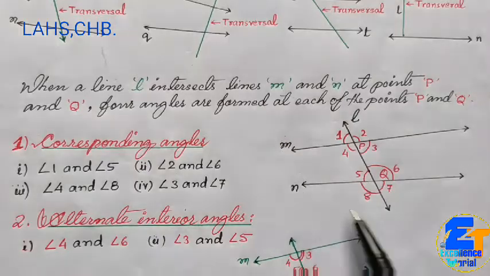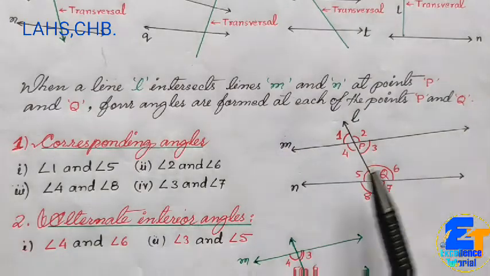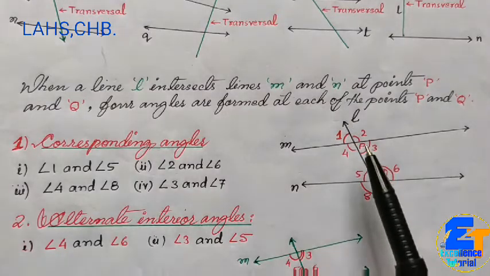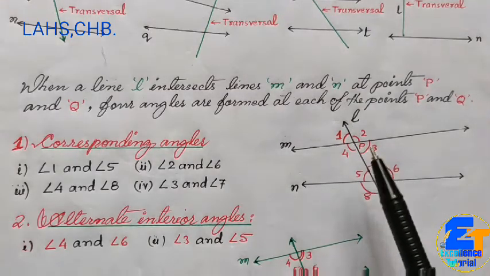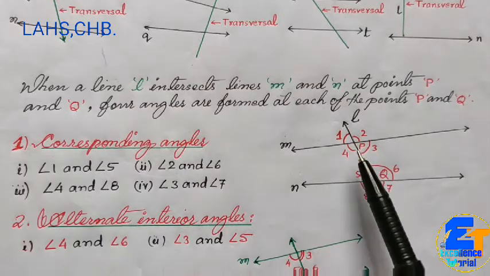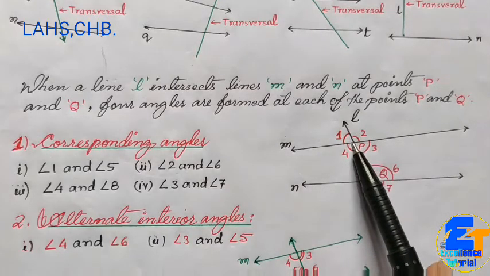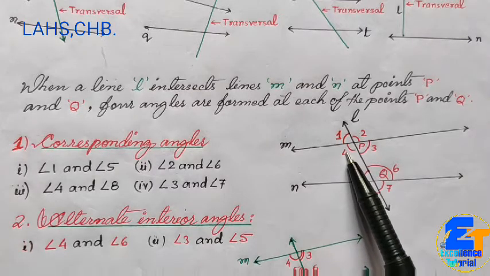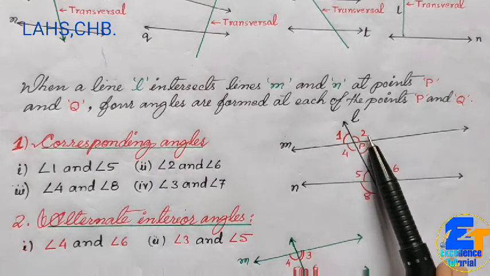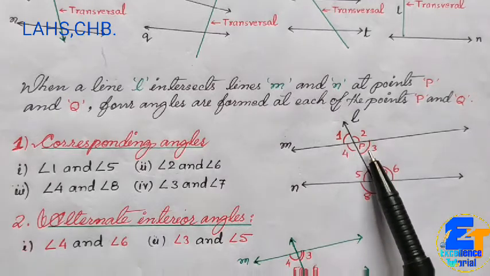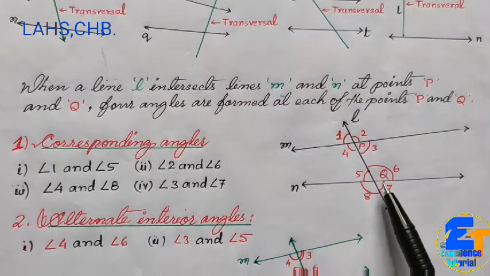See, in this figure the lines M and N have been intersected by a third line L at points P and Q. On each point, P and Q, how many angles are formed? At point P, this is the first angle, second, third, fourth, and for our convenience we have named these four angles as angle 1, angle 2, angle 3 and angle 4.